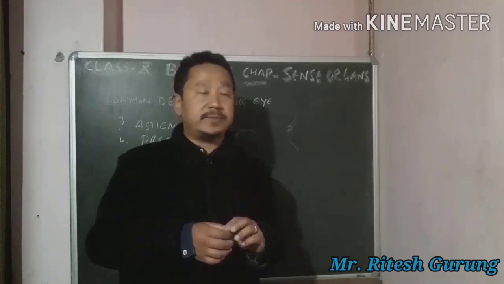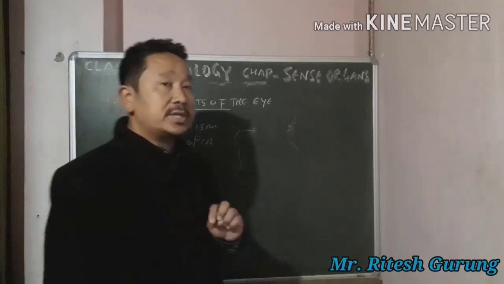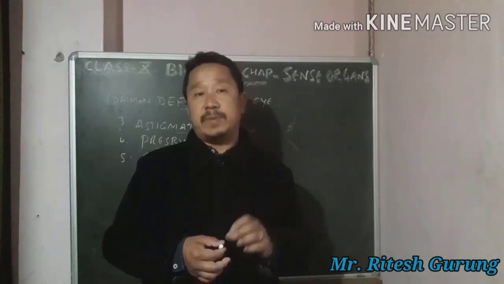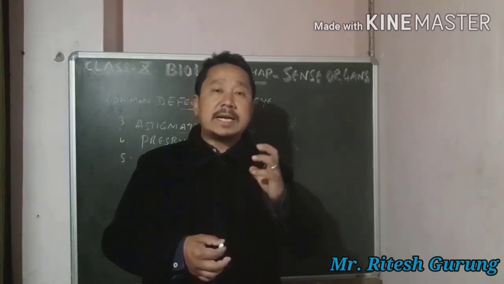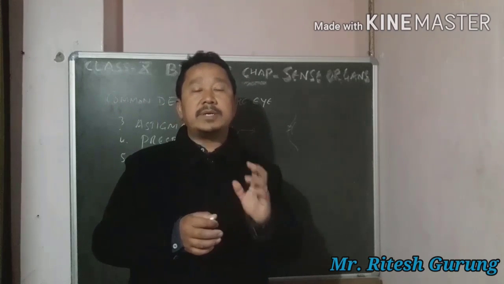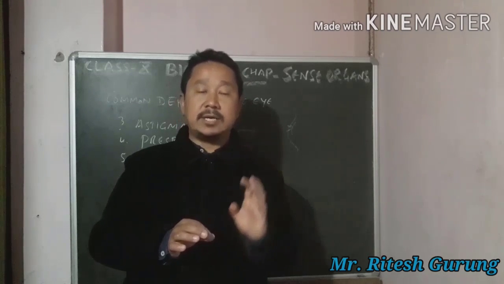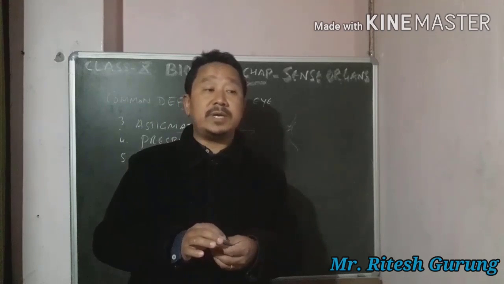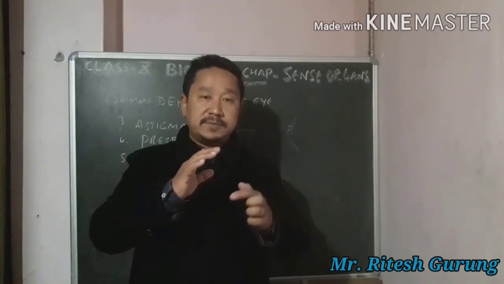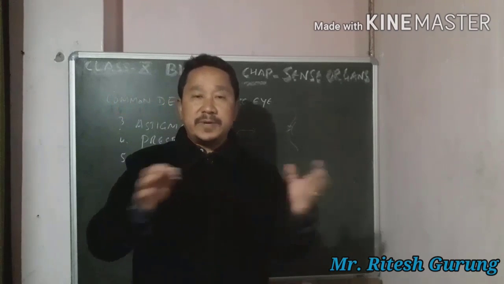Then the next point is presbyopia, usually seen in older people. Older people can't see near objects clearly because of the loss of flexibility of the lens. The lens has to be flexible because it keeps changing its shape to see objects at different distances.